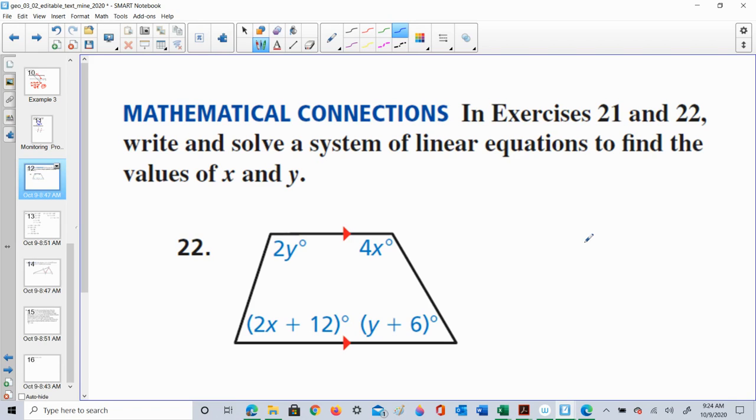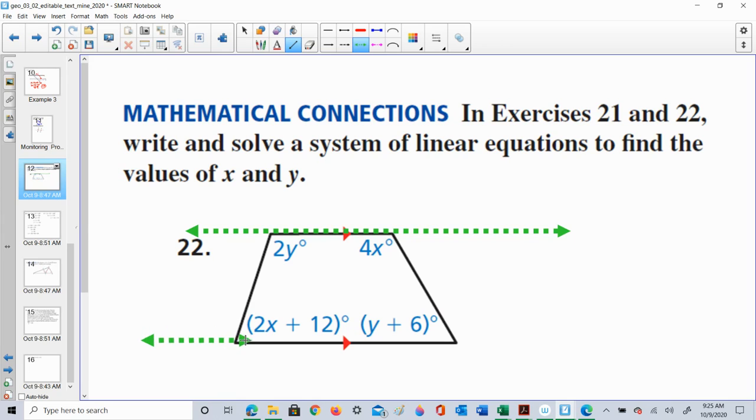Just realize that, even though you only have a piece, this is a whole line, and this is a whole line, and these are parallel lines, right?